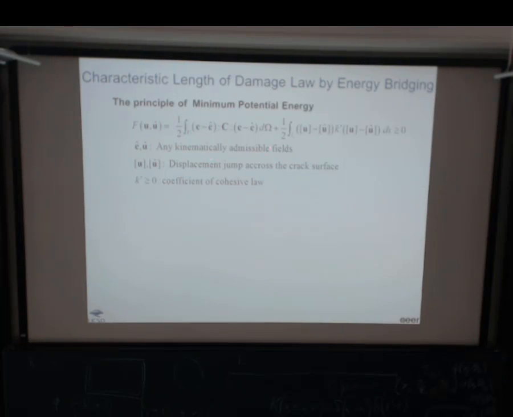Okay, so this term is positive. This is just a quadratic form of this, positive definite. And then on the crack surface, assuming I'm using the cohesive law. Okay, so cohesive law requires a jump of displacement field, and then there's a cohesive coefficient K prime, which is also usually positive, or positive semi-definite. So the sum of this will always be greater than or equal to 0.